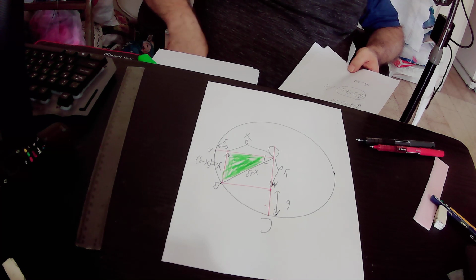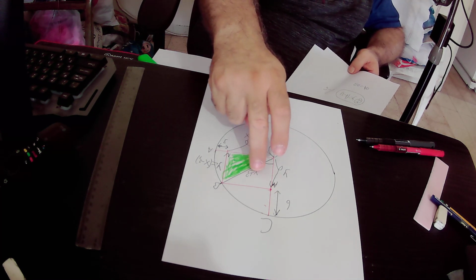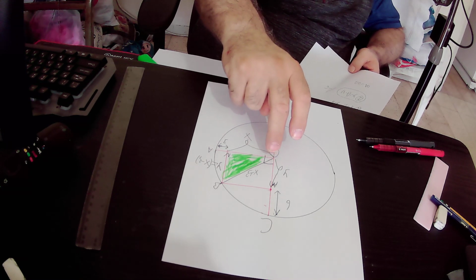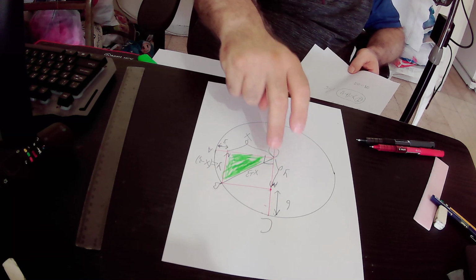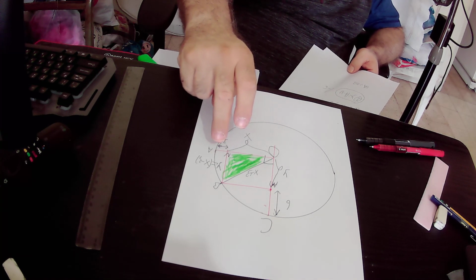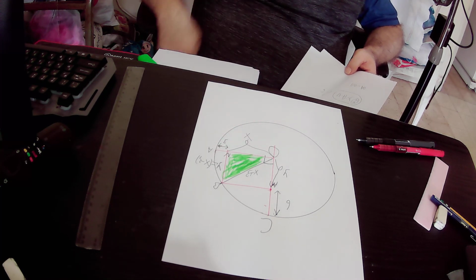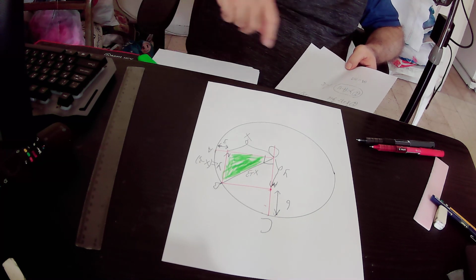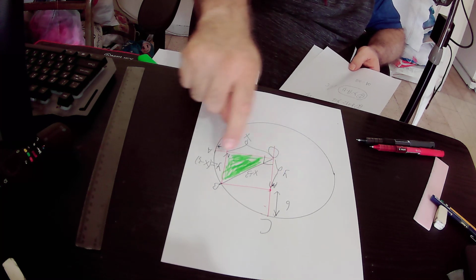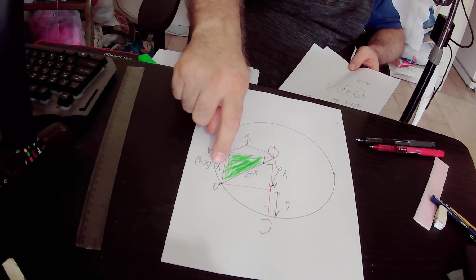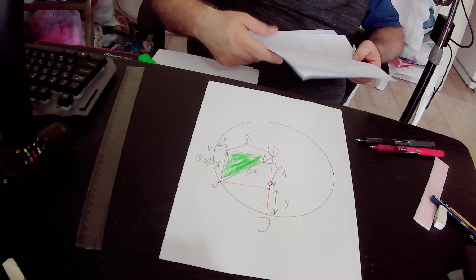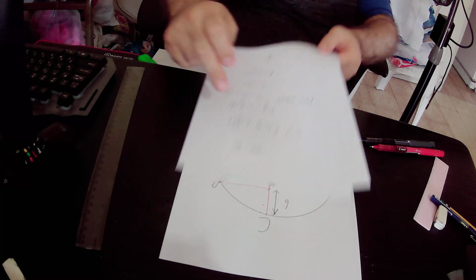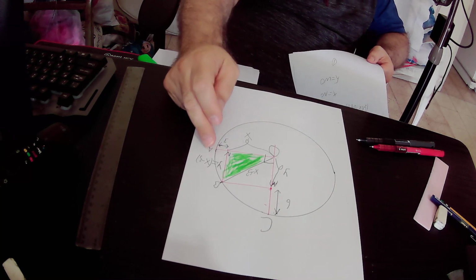And this is a square, so if one side of the square equals y, the other side must also equal y, because all the sides of a square are equal to each other. But according to equation number 1, y equals x minus 3.